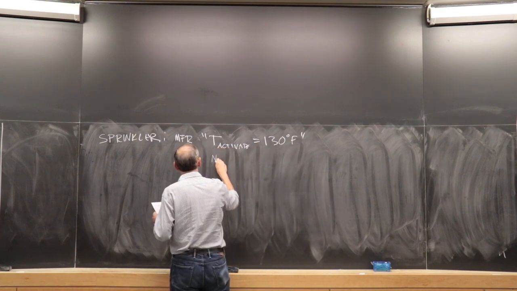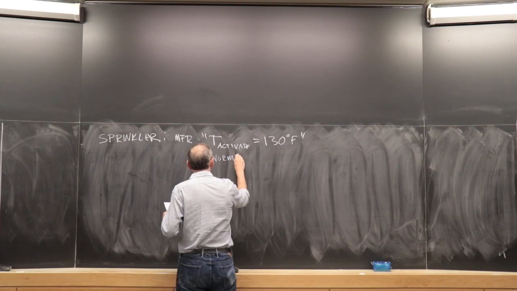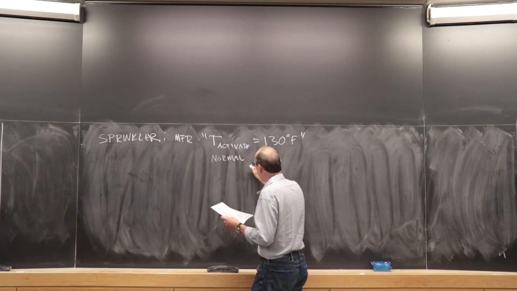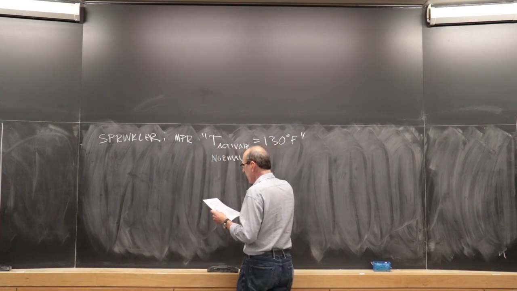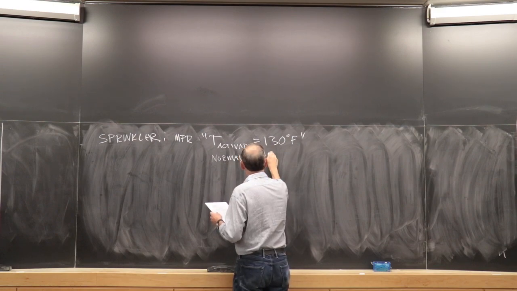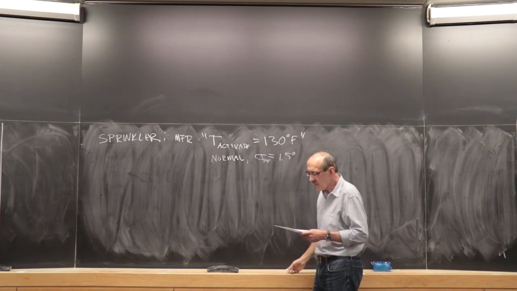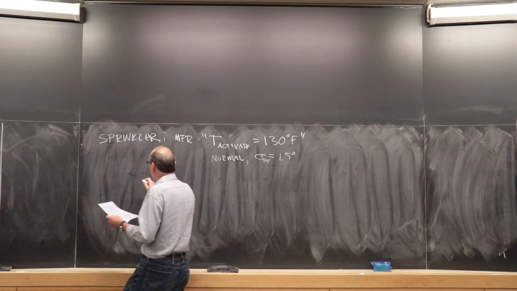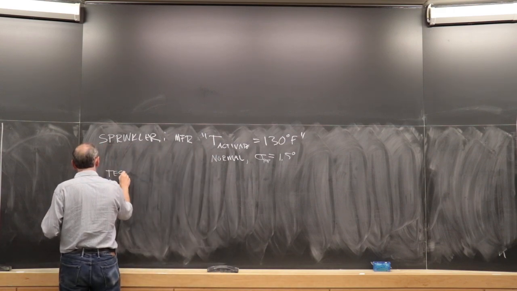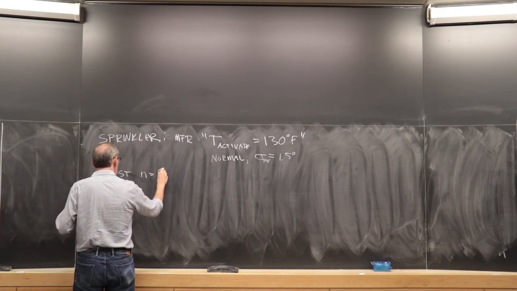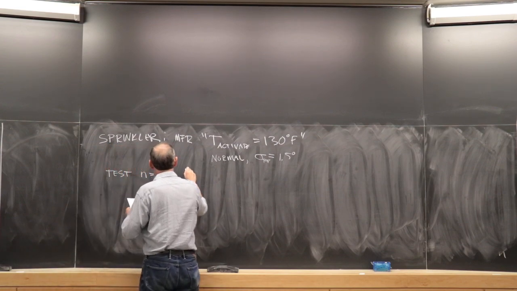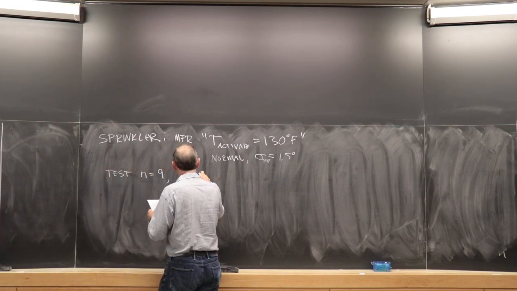And they also give some mention of the tolerance. The distribution of the temperatures of activation is normal, and the standard deviation of the population is 1.5 degrees.